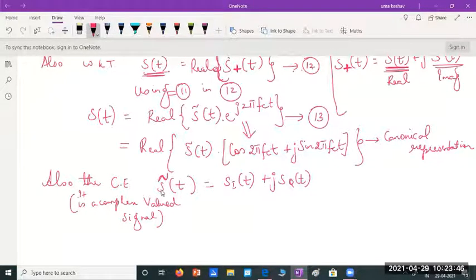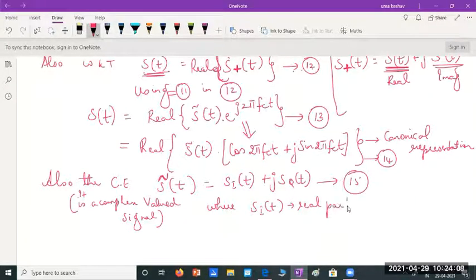Please remember, any complex valued signal will always have a real part and an imaginary part. Let me call this equation 15, where Si of t represents the real part and Sq of t represents the imaginary part.